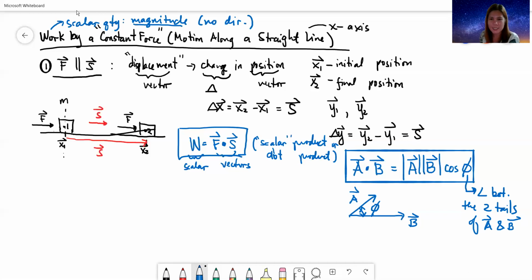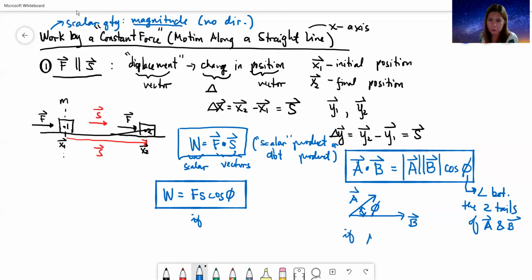And so, therefore, we can say that if we let force be A and S be B, work is just the magnitude of F times the magnitude of the displacement, which is just the distance between 2 points, and then the cosine of the angle between them. So if the two vectors are parallel with each other, what is the angle between them?